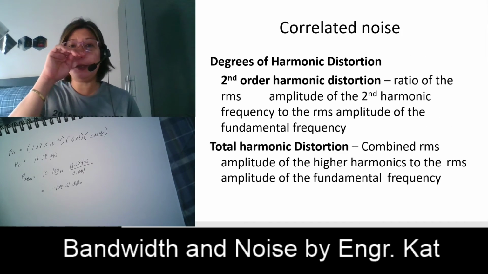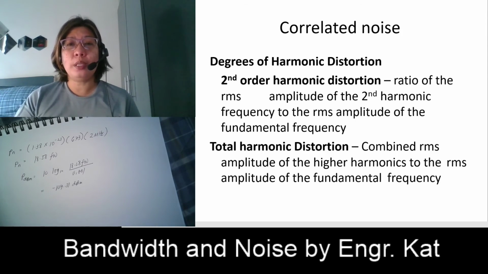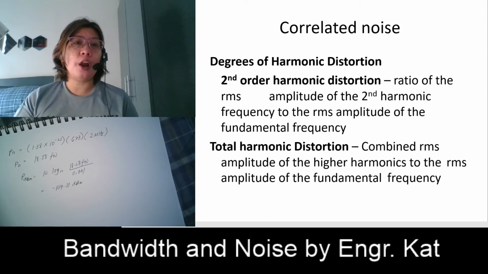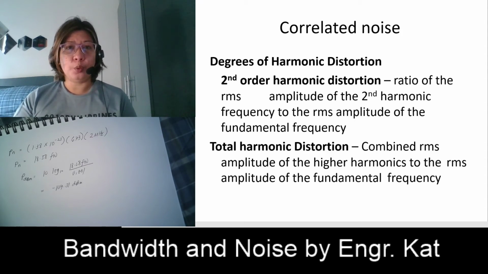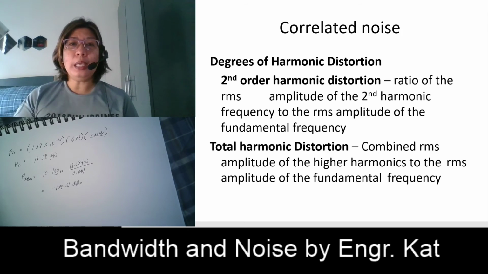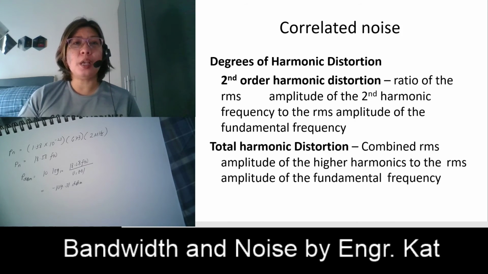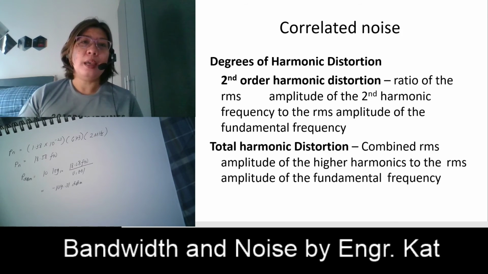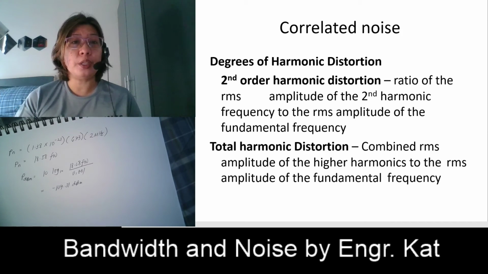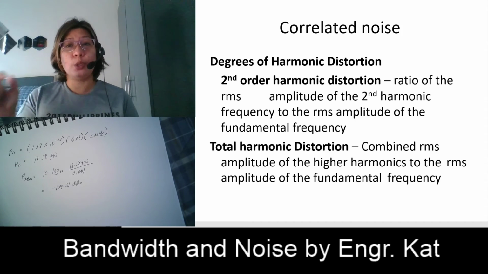Here we have degrees of harmonic distortion. The second order harmonic distortion is the ratio of the RMS amplitude of the second harmonic frequency to the RMS amplitude of the fundamental frequency. Usually they are integral multiples. For example, if you have a fundamental frequency of 1 kilohertz, you can have a second harmonic of 2 kilohertz, a third harmonic of 3 kilohertz, a fourth of 4 kilohertz, and so on.